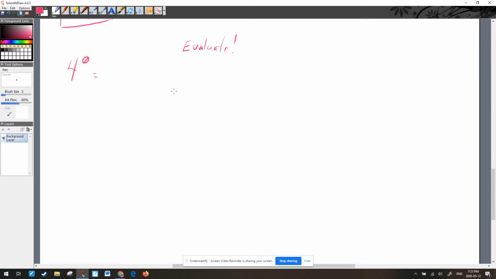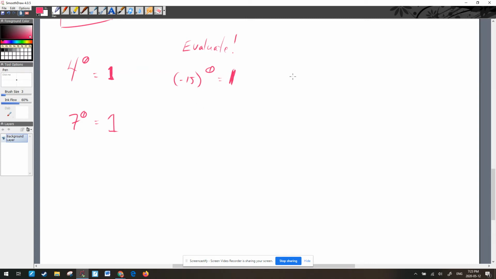If you type it in your calculator, you're going to see that the answer is 1. And you're like, what? Let's try another one. If we did 7 to the exponent 0, it comes out to be 1 as well. And if we did negative 15 to the exponent 0, it's going to come out to be 1 as well. Here you are thinking, why on earth is that the case?